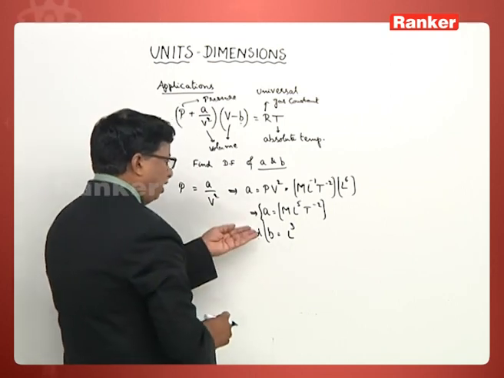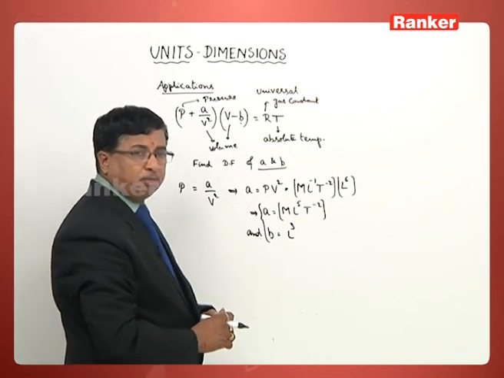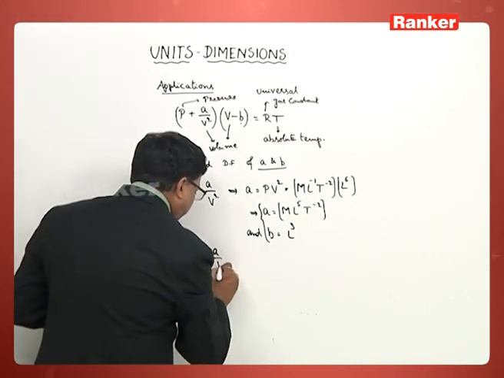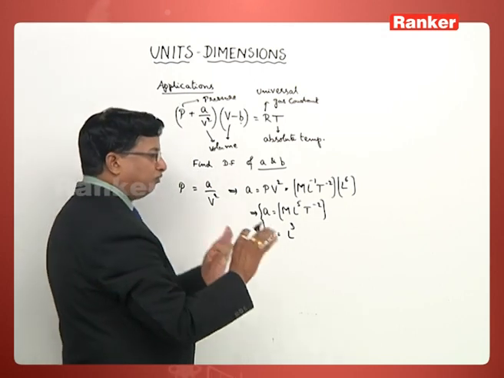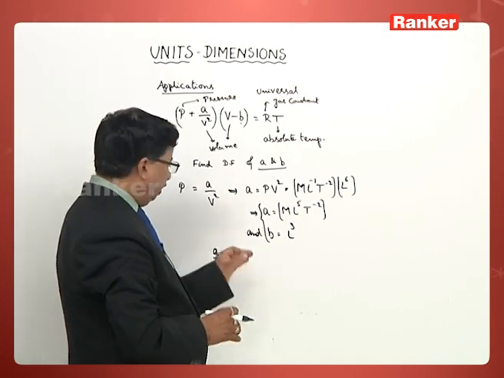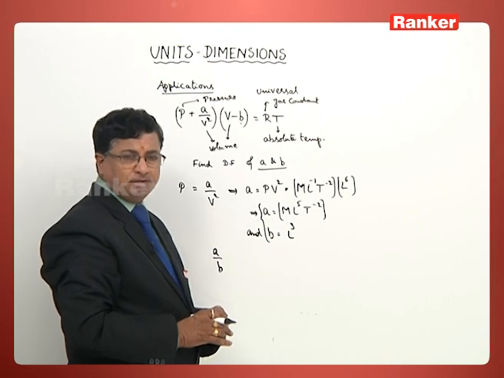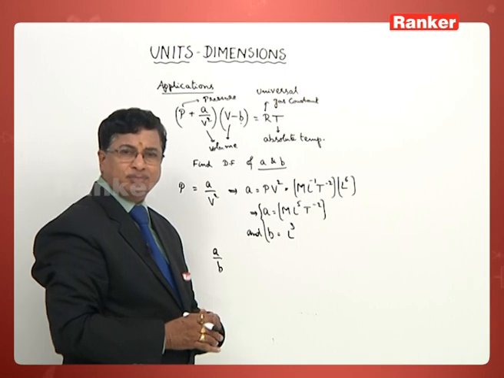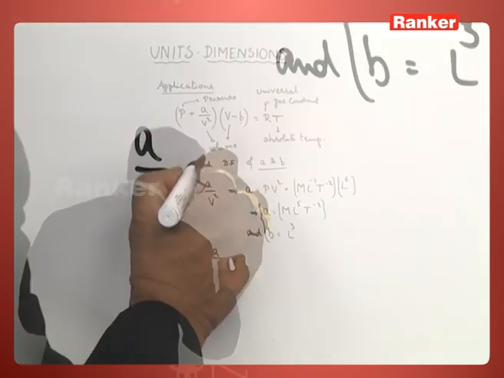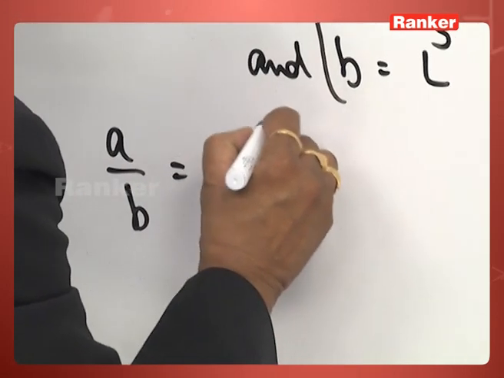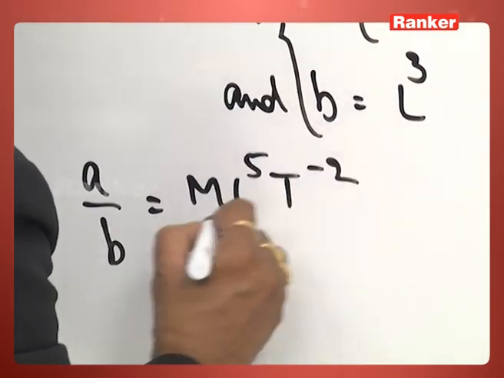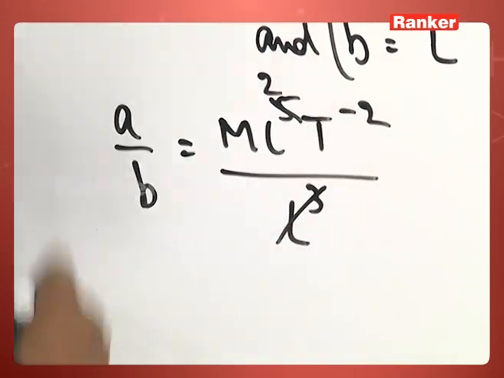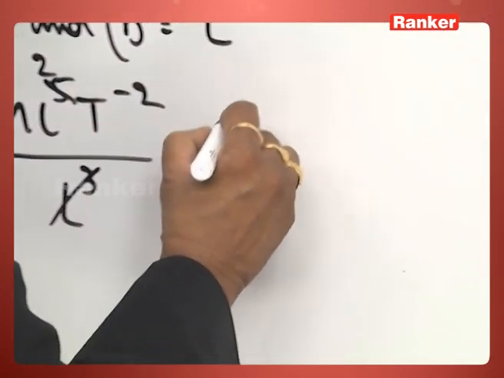Sometimes they may ask the question in a slightly different manner. A by B has the dimensions of what? A by B has the same dimensional formula as which physical quantity? You can directly understand A is M L power 5 T power minus 2 by L cube. This cancels twice. So, what is left over here?